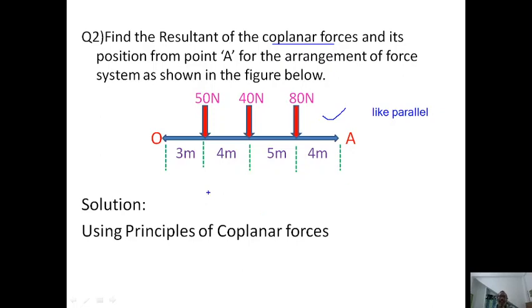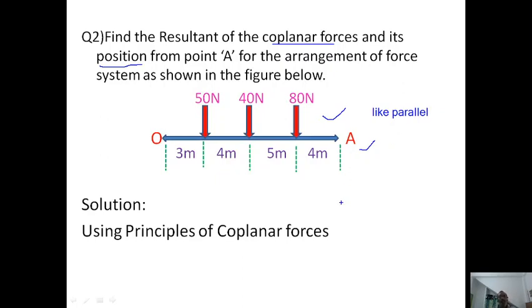And another thing, we should know the position of the resultant. In the problem he is asking about the position of the resultant from point A also. Therefore, you know that the position of the resultant is XR, that is equal to sigma Fy divided by the resultant.